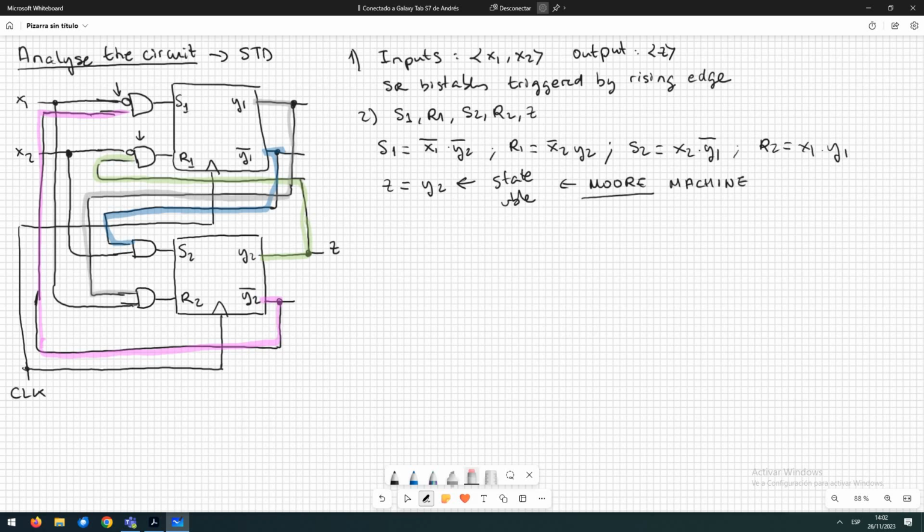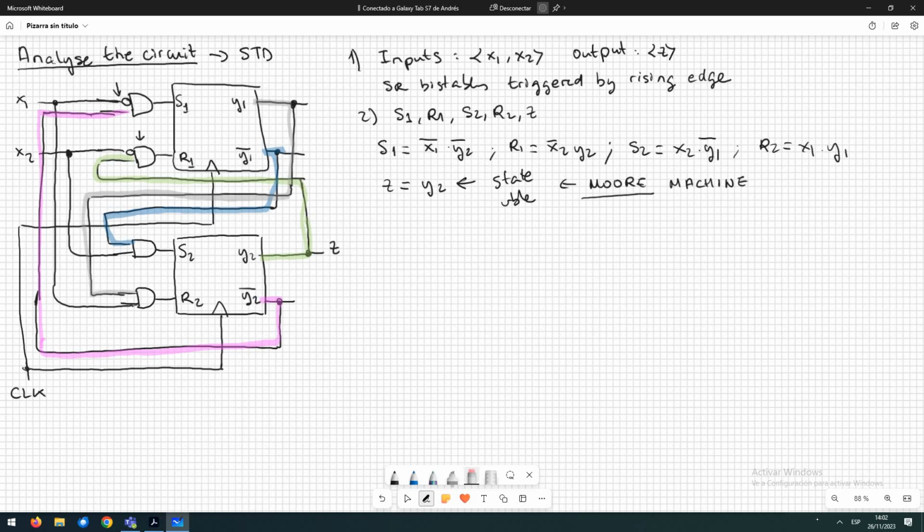So now we are going to continue building the excitation table. Remember that the excitation table relates the input of the bistable and the behavior of the circuit that we are designing. In this circuit we have 2 inputs and 2 state variables, so we are going to have a table that is a Karnaugh map of 4 variables.